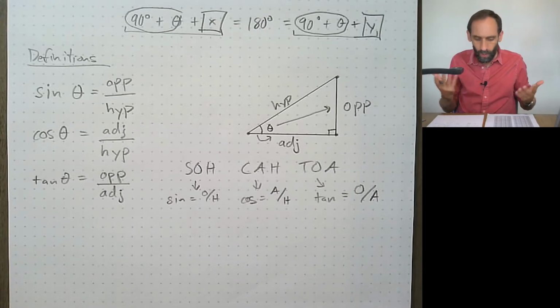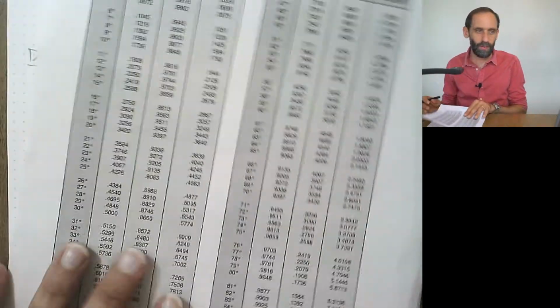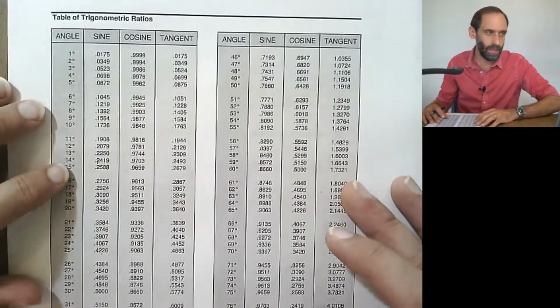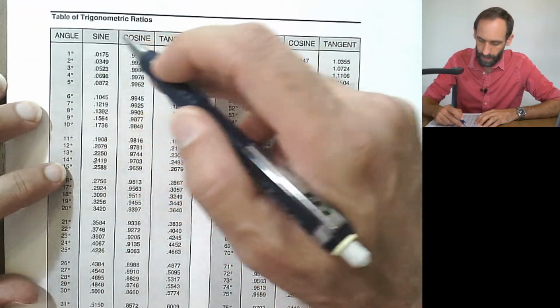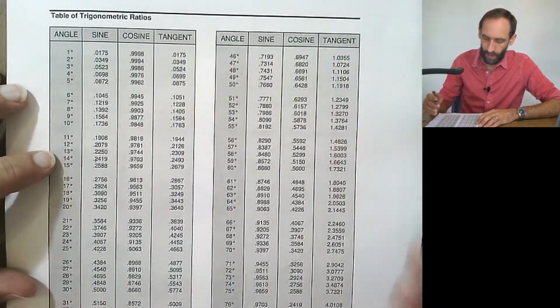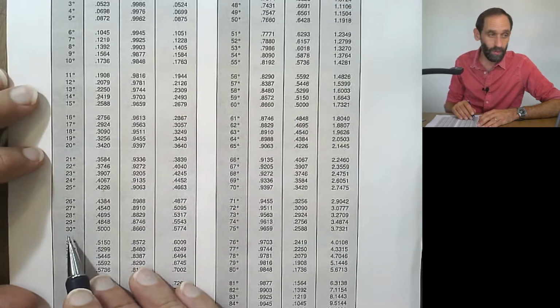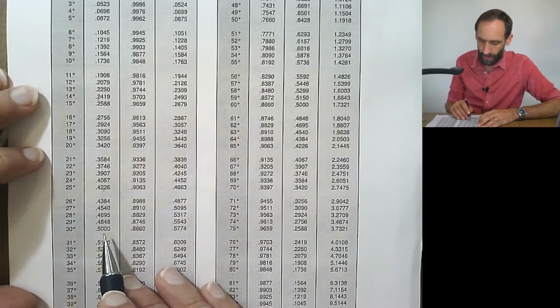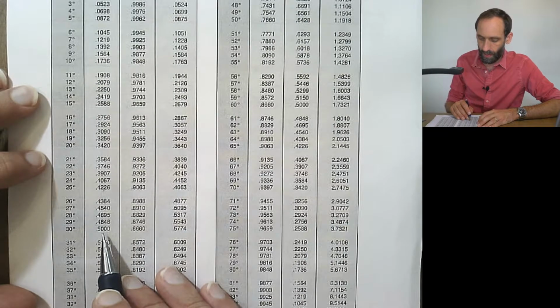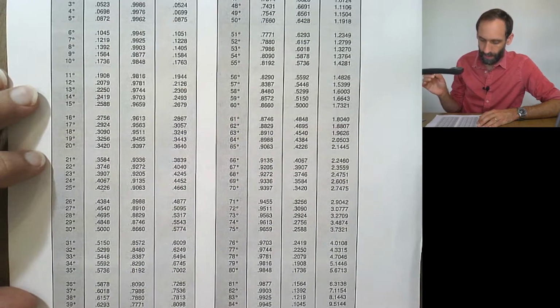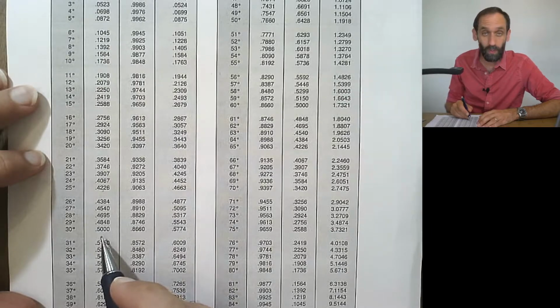Okay, so what are these ratios? Well, I have here a table, and we can see the angle, sine, cosine, and tangent. For some angle, let's say 30 degrees, the ratio of the length of the opposite side to the length of the hypotenuse is 0.5.